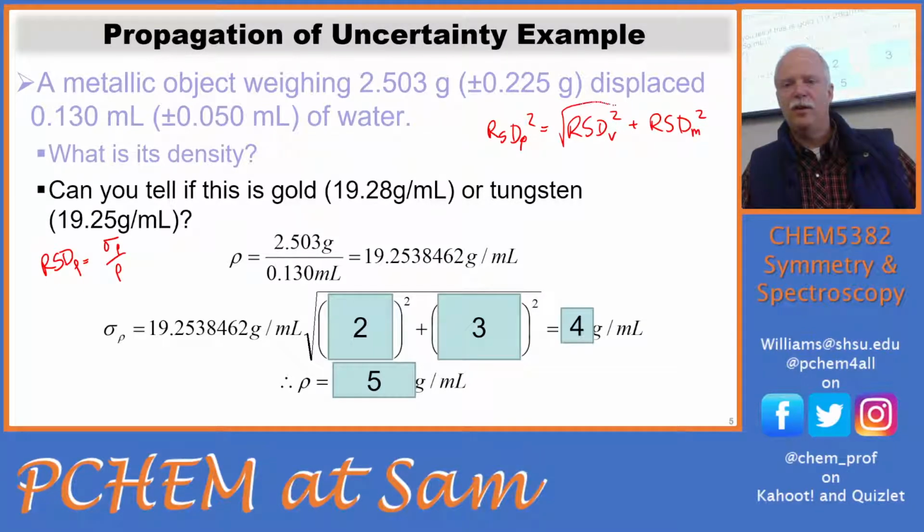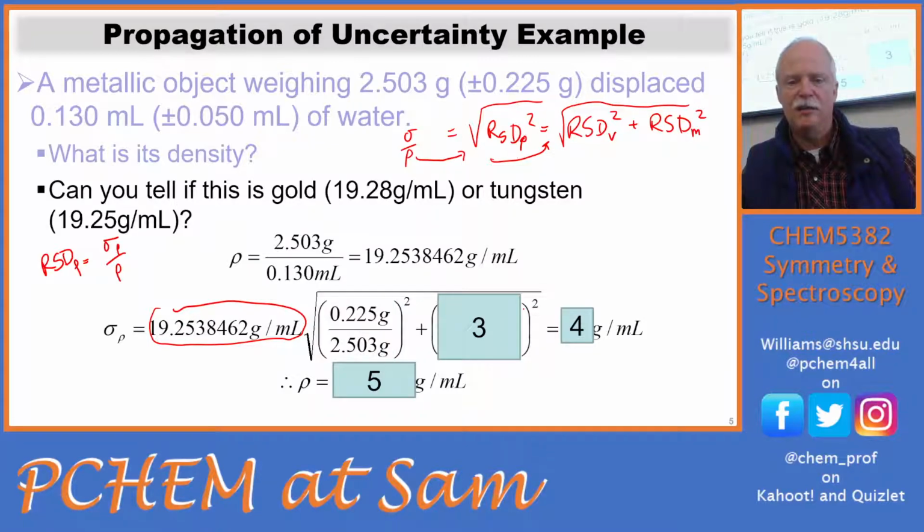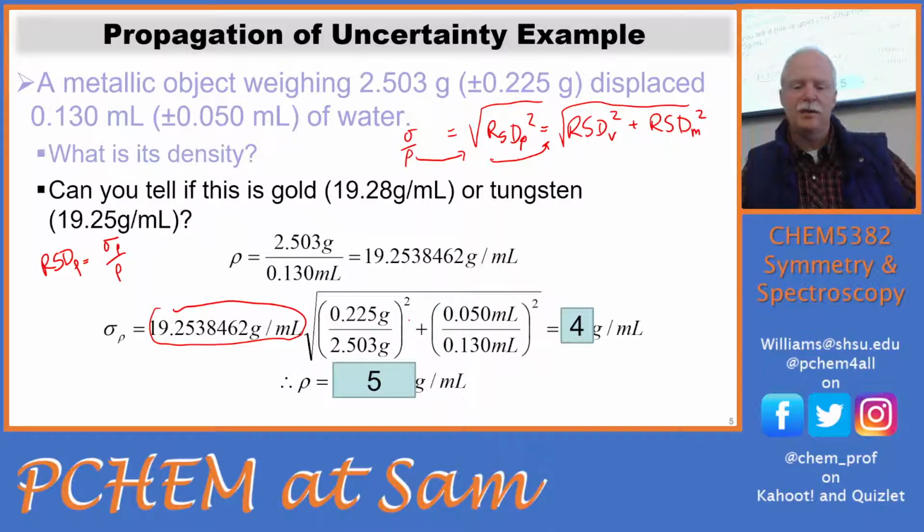We've taken the square root of both sides and moved the density over to this side, so that's why the density is right here. Here's our density times the square root of the RSDs. The RSD for mass is 0.2 over 2.5, and the RSD for volume is 0.05 over 0.13.